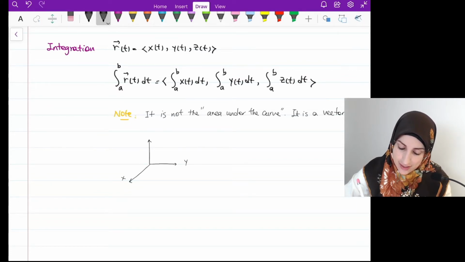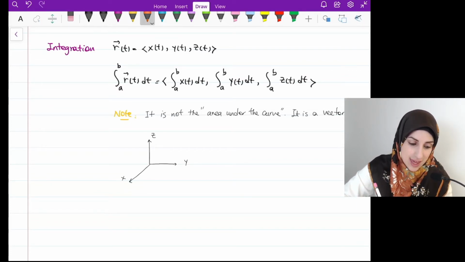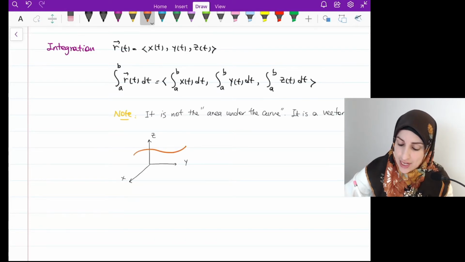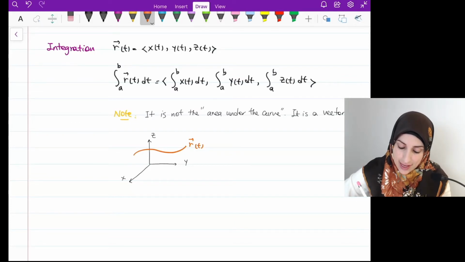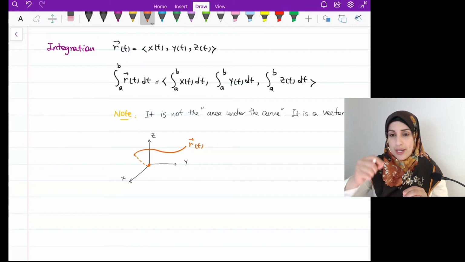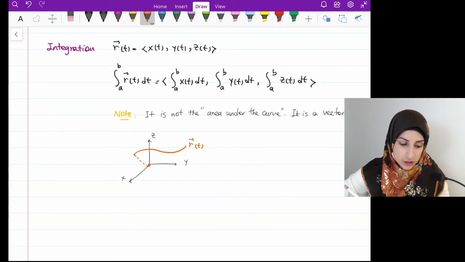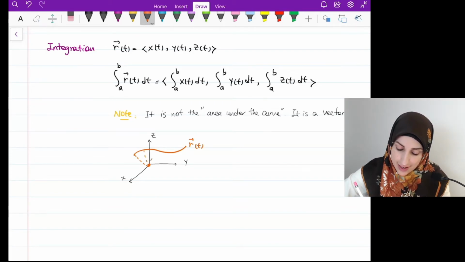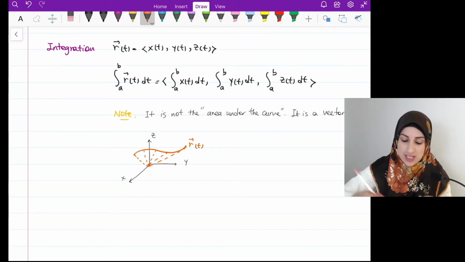If you have the x-axis, y-axis, and then z-axis, and then we have the curve of r of t, at every point I can make a vector. For example, at this point I have this vector, at this point I have this vector, and I get a ribbon, as you see.